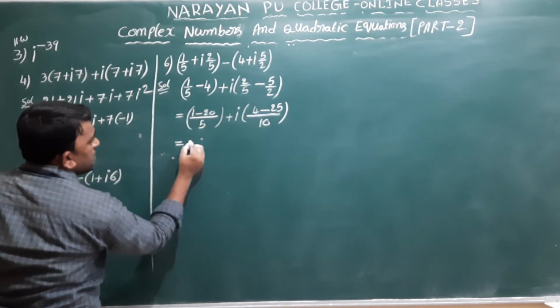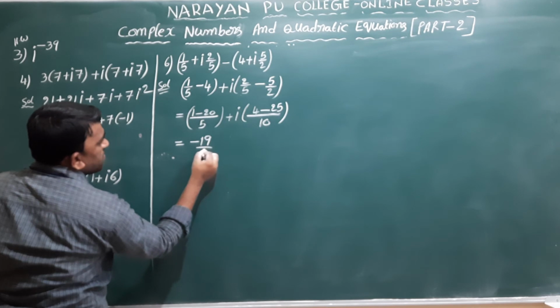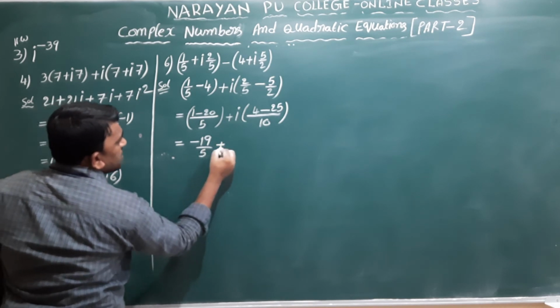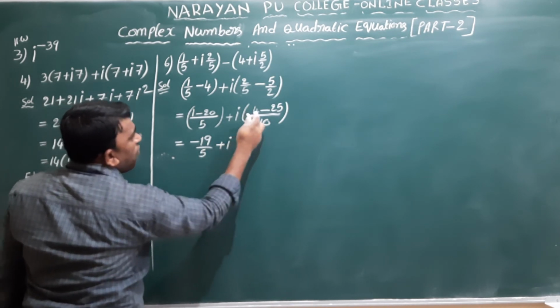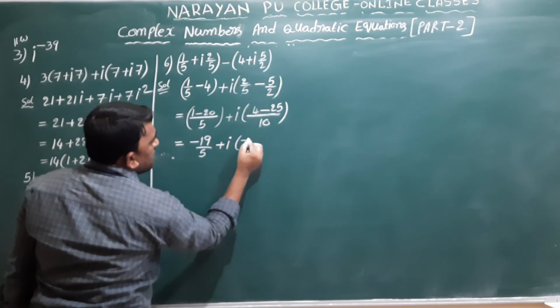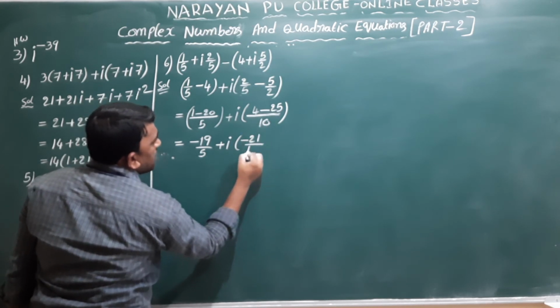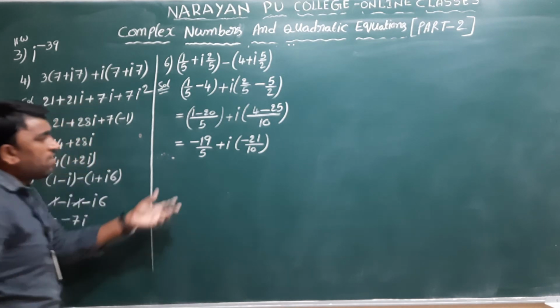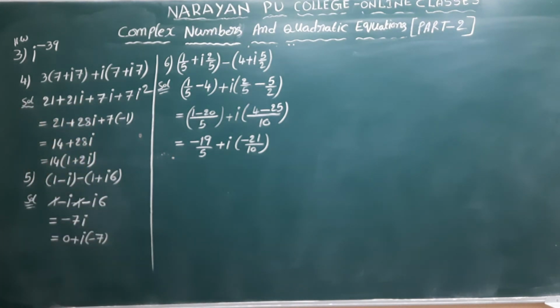So 1 minus 20 is minus 19 by 5, plus i into 4 minus 25 is minus 21 by 10. So it is in the form of a plus ib. So, next problem.